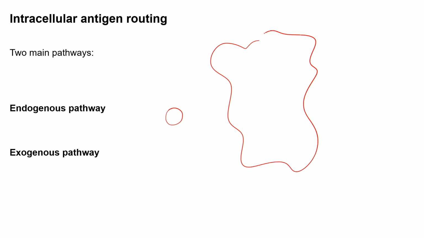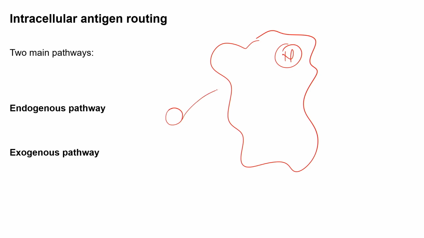As the name itself indicates, endogenous stands for internal and exogenous stands for external. So, suppose this is an antigen and this is a cell, and let us say this is the nucleus. These antigens are right now present outside.